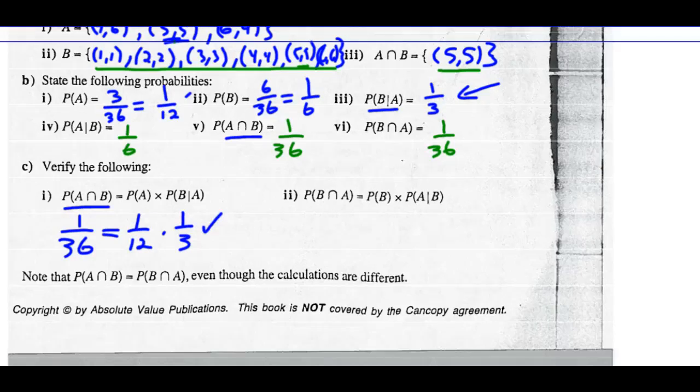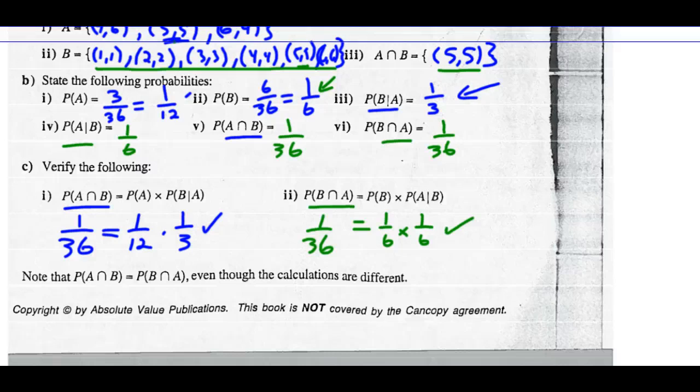Let's verify the probability of B and A. Well, the probability of B and A we said is also 1/36. Probability of B is 1/6 multiplied by the probability of A given B has occurred. Well, that's also 1/6. So 1/6 times 1/6 is 1/36. That is also verified. Great.